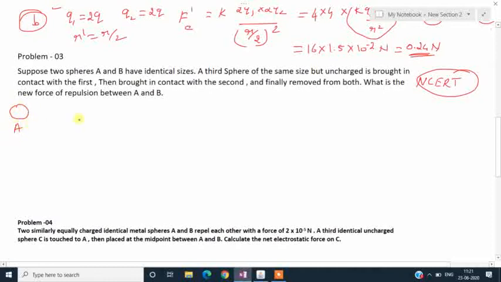The two spheres A and B, and a third sphere of the same size but uncharged. These two are now charged, they have a charge already. The charge is given as 6.5 into 10 to the power of minus something Coulomb.